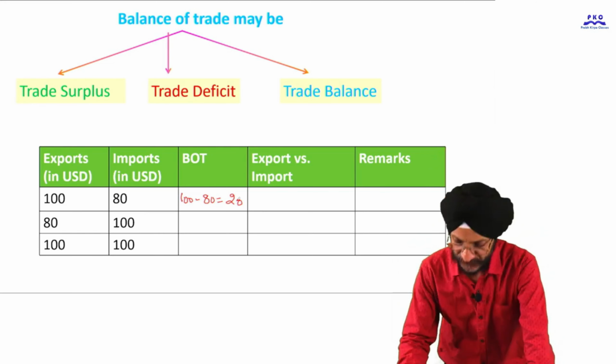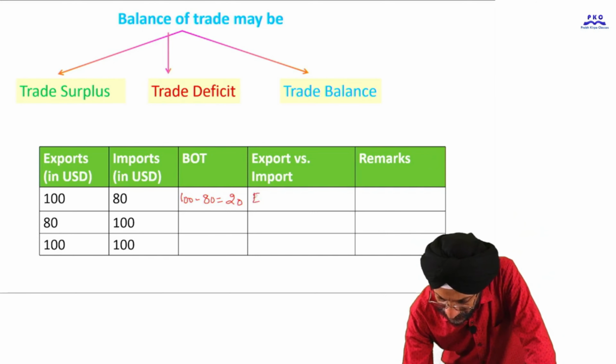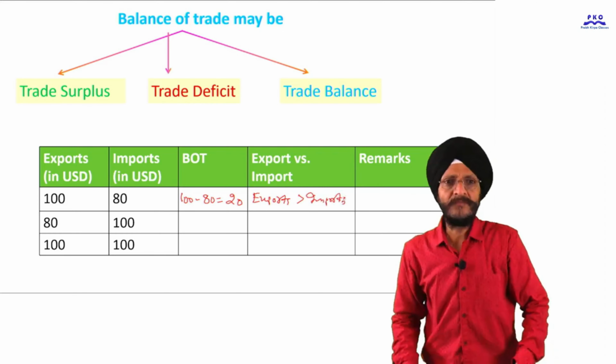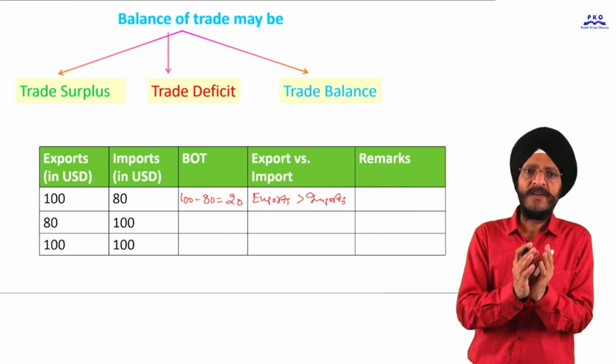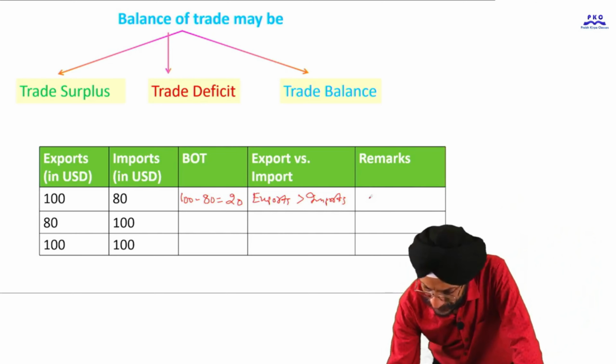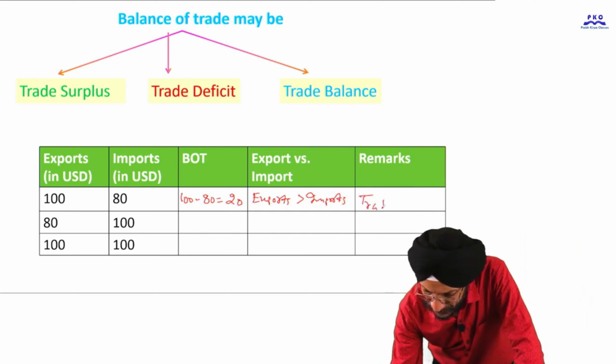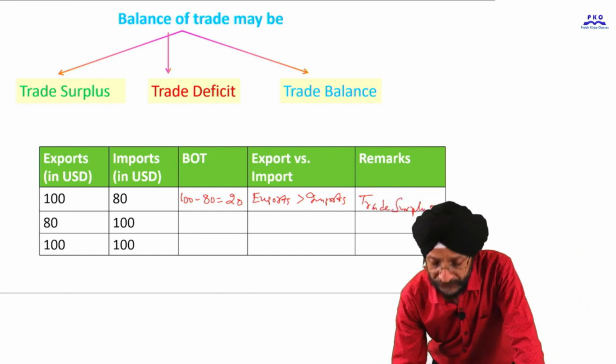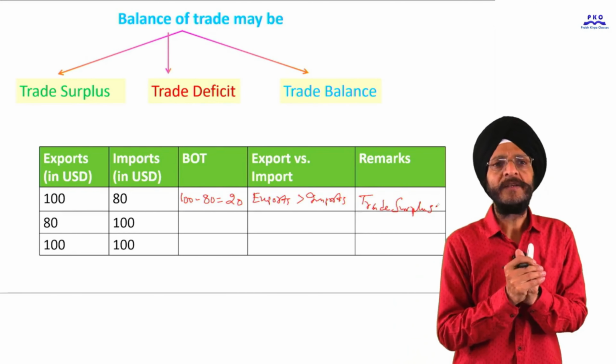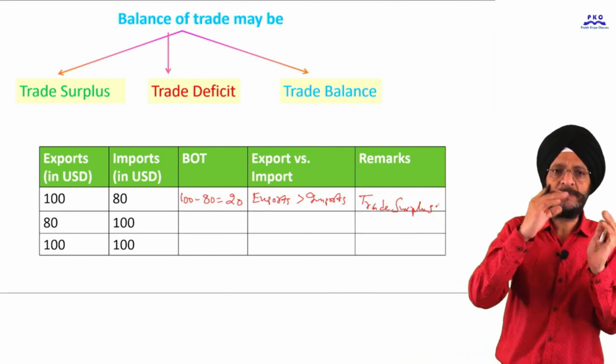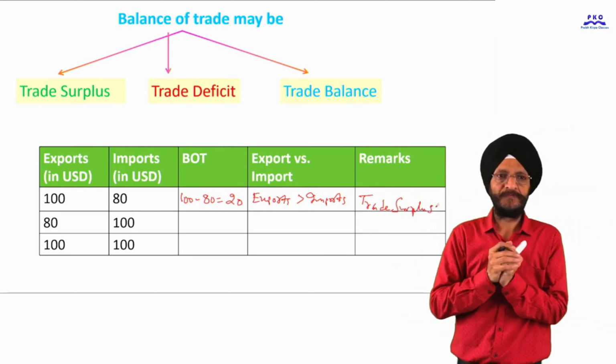So here, exports are more than imports. So when exports are more than imports, it is trade surplus. That is, the country is having trade surplus, or we can also call it positive balance of trade, when exports are more than imports.